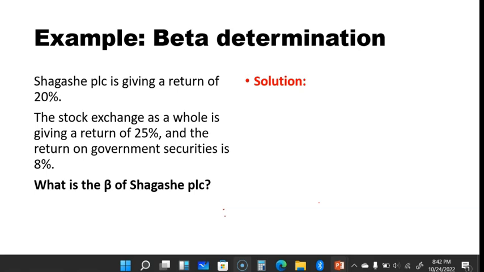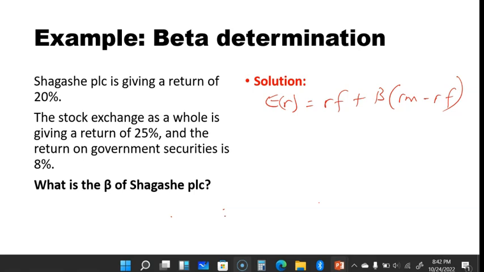What you are required to do as an accountant is just to use the common formulas, for example, the CAPM. All right, so you come here and say KE is equal to RF plus beta (RM minus RF).